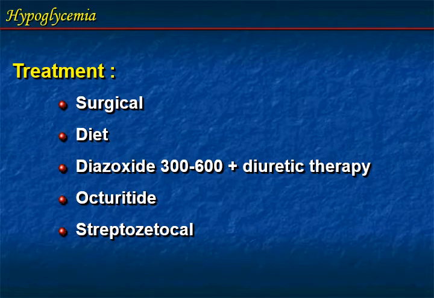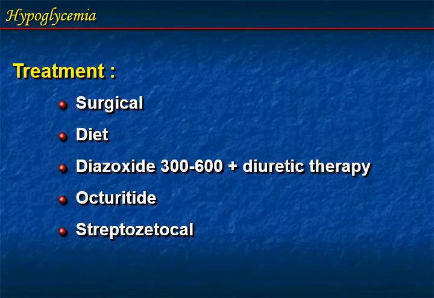Treatment. If we localize the site of the tumor, the very much appealing therapy is surgical, to remove this part. Surgical removal of the part either in the head or body or the tail which contains this adenoma. Diet. And by diet we mean frequent complex carbohydrates.